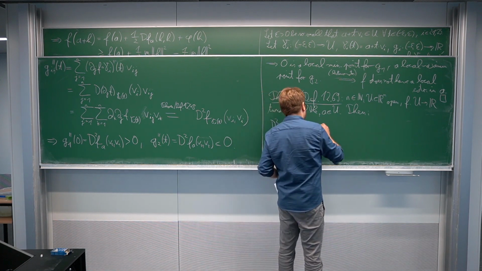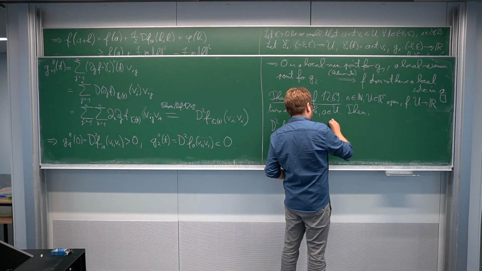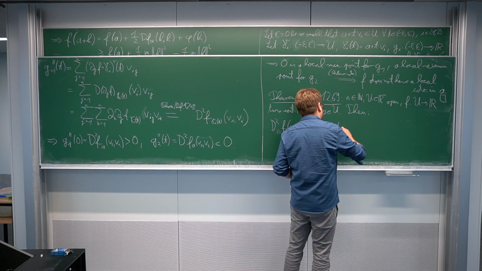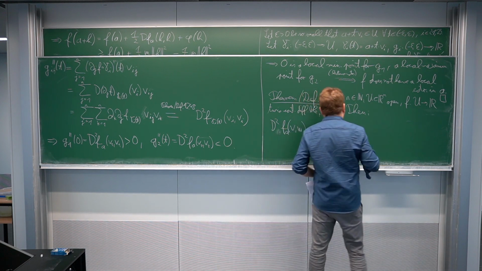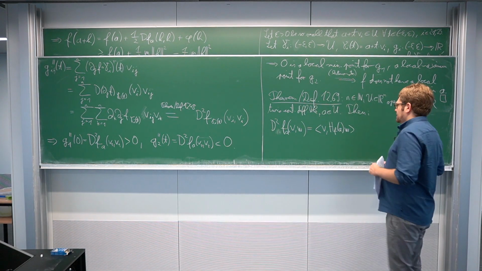This is now the same as the inner product of v with the matrix times w, and this matrix is called Hf of a. Okay, we know that such a matrix exists.